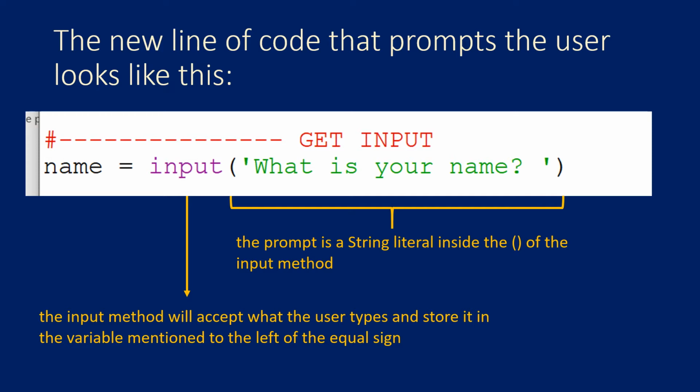Whatever is in parentheses is what is going to show up on the screen. So it's similar to the print command, but we not only want to display this, we also want to accept the input. So rather than saying print, we say input. And then in parentheses, you have your question.